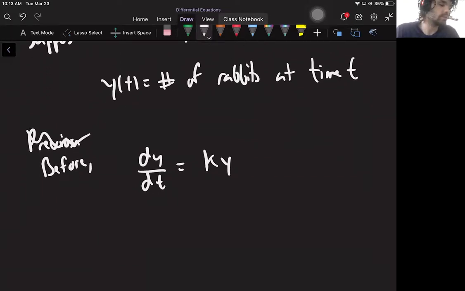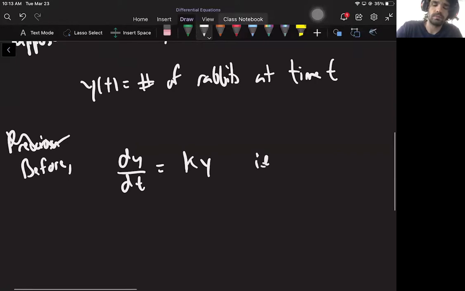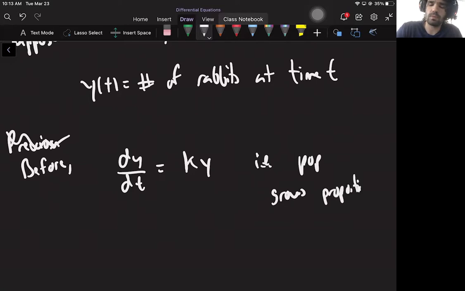So we would write something like this. So population grows proportionally to the current amount. More rabbits later. That's the idea.